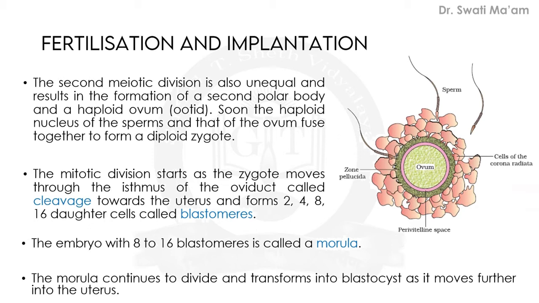Here in this diagram you can see that this sperm has entered; it is very near to this thick layer known as the zona pellucida, and the pink colored layer is known as the perivitelline space, and inside it the ovum is present. These nearby cells are the cells of the corona radiata, and these are other sperms.